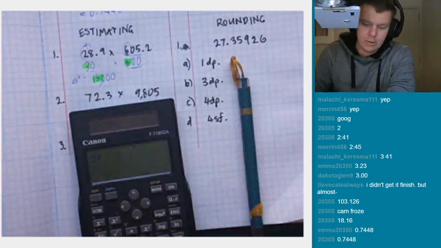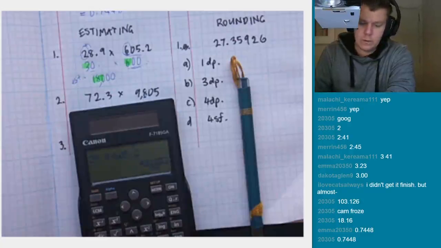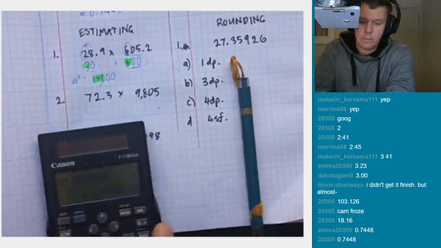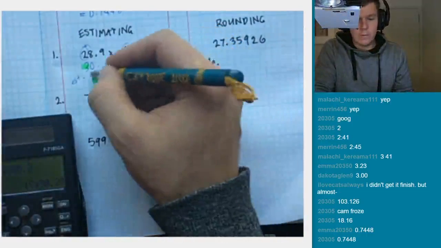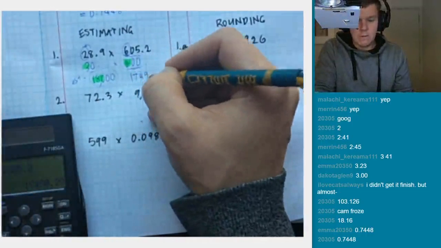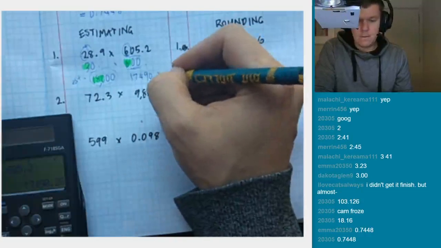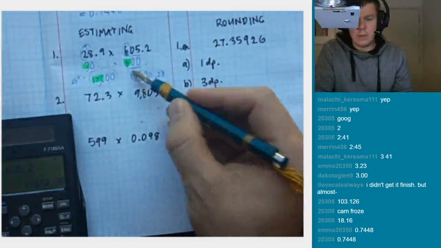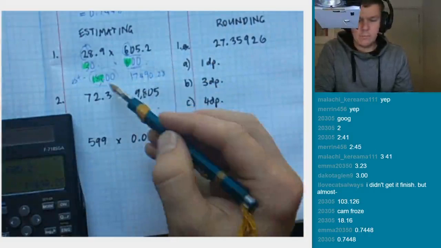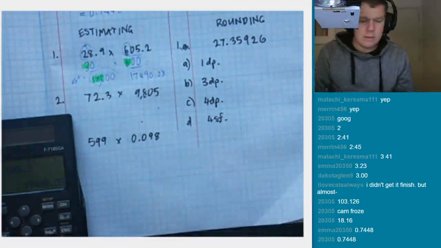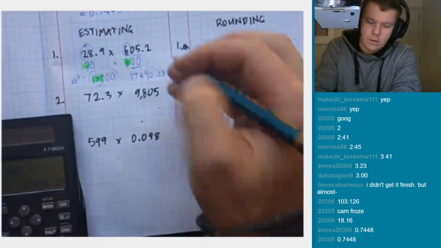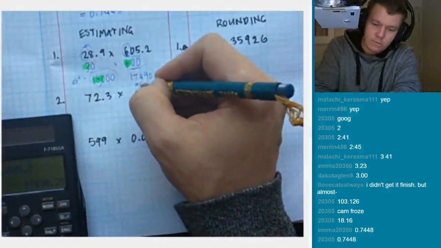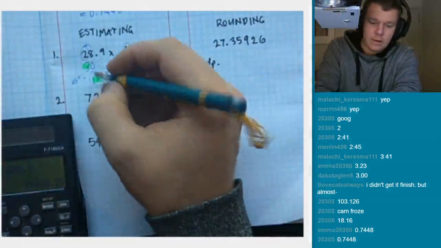If we did the actual answer, times 605.2, see how we get our answers in the same sort of ballpark. It's only really 510 difference, and out of 18,000, it's not actually that significant. So this is the actual, and this is the estimate.